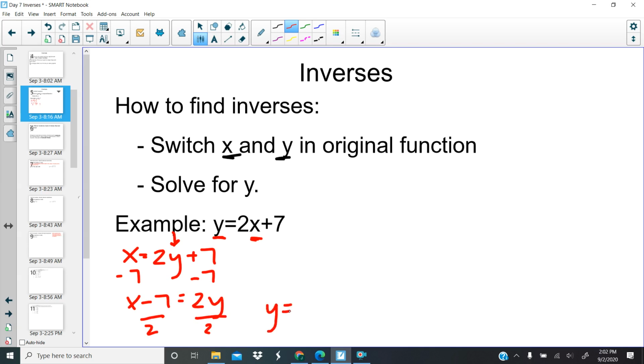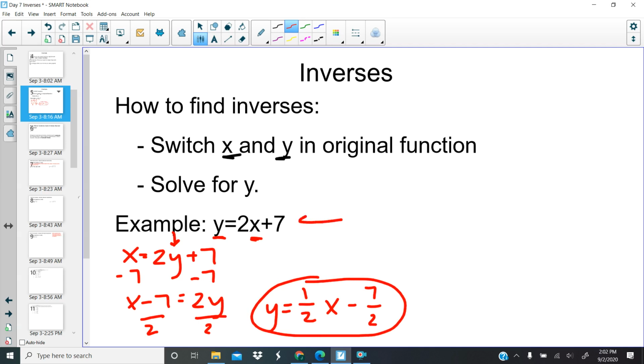I'm going to end up with y equals 1/2 x, or x over 2, however you want to look at it, minus 7 over 2, or 3.5. Either way you write that is fine. But this would be the inverse of y equals 2x plus 7.